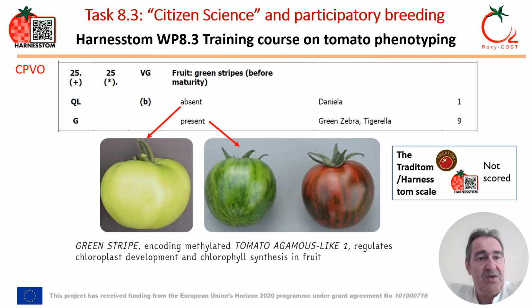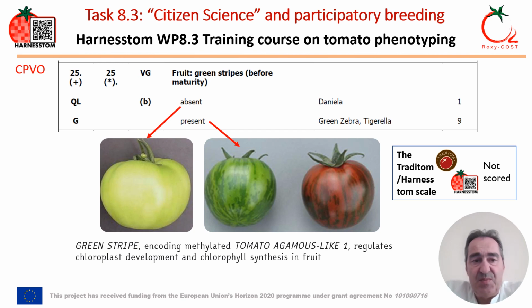The last trait mentioned by the CPVO protocol for the green fruit traits is trait number 25, and it is related to green stripes. A single gene mutation affecting the tomato agamous-like 1 gene is responsible for the so-called striped phenotype.